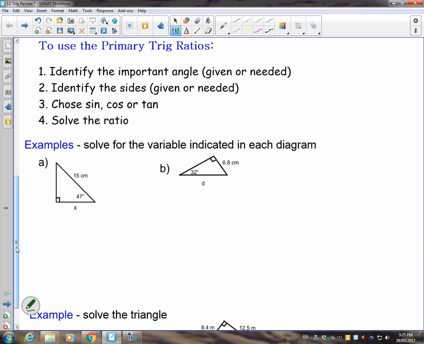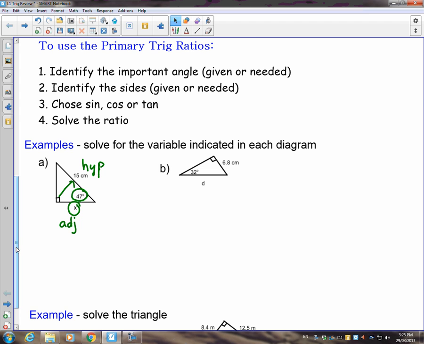So in this first question A, it's asking me to solve for side x. So I've identified what I need to solve for. I need to choose sine, cos, or tan. To choose, I need to know what information I was given. The information I was given is the hypotenuse and this angle, and side x happens to be adjacent to that angle.